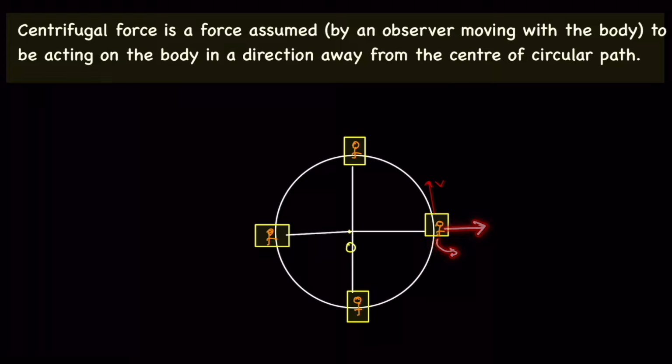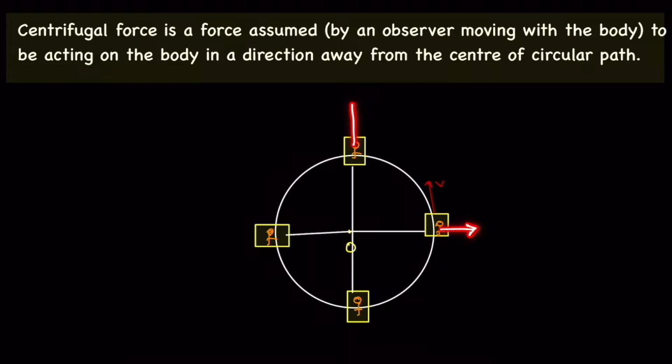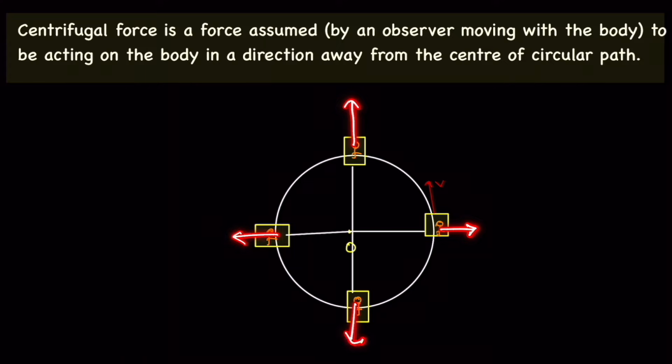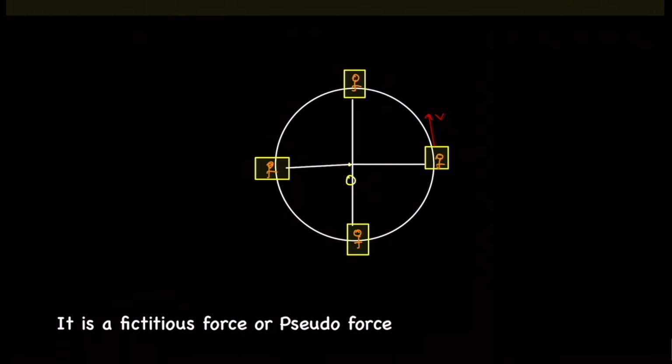It means the person starts moving away, like in this case here, because our reference is the person. That's why this force is called centrifugal force, because we are referring to an observer moving with the body. So centrifugal force is a fictitious force or the pseudo force.